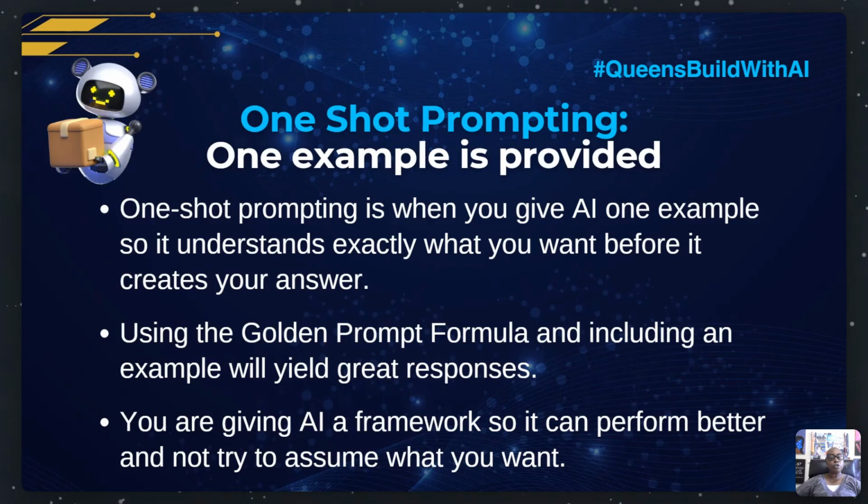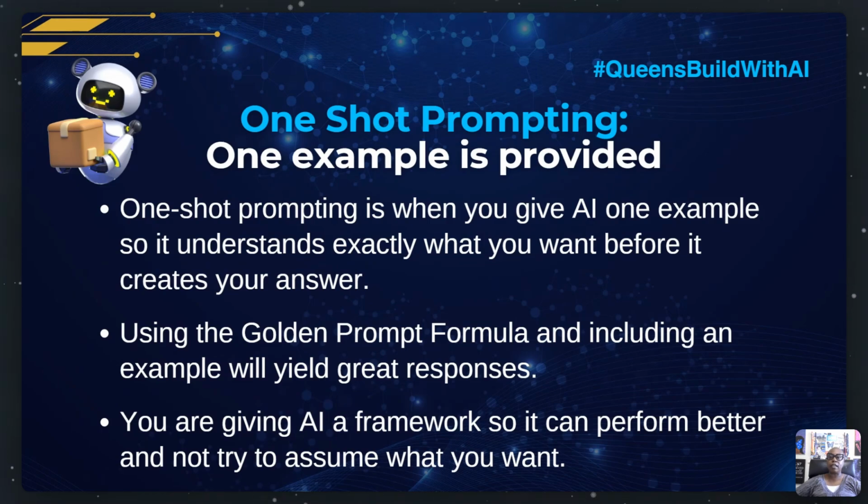If you use the golden prompt formula and you include one example, you will yield really good responses because it's detailed, it's thorough, and you're also providing an example along with your prompt.